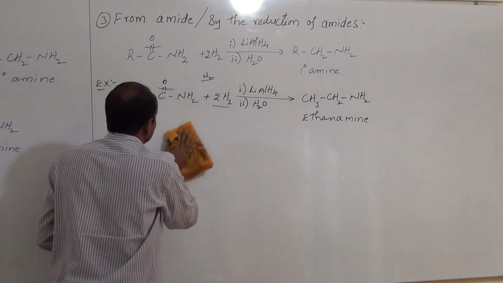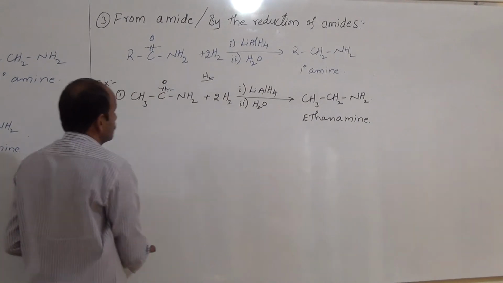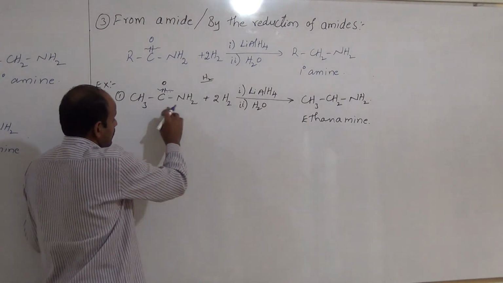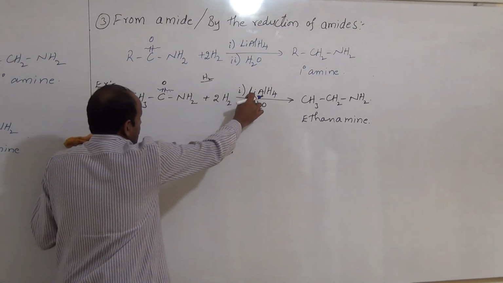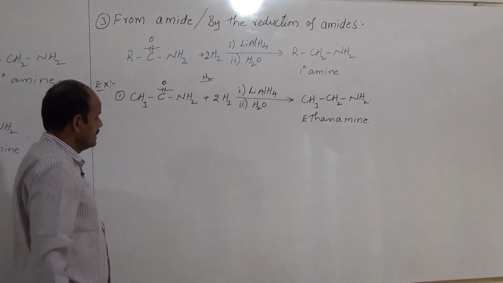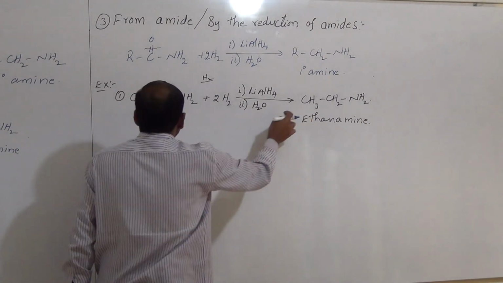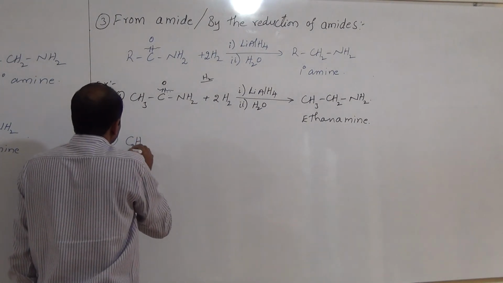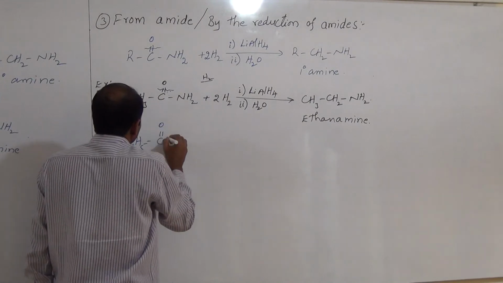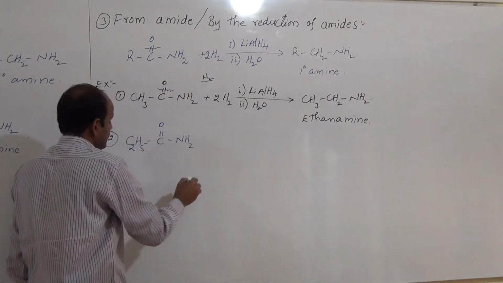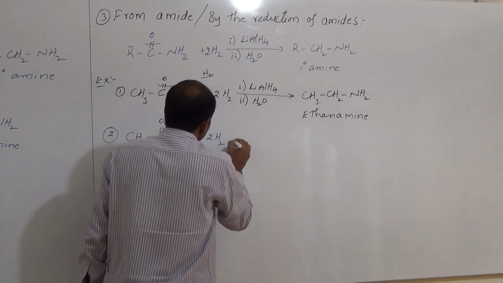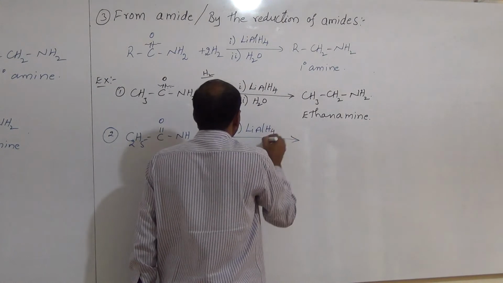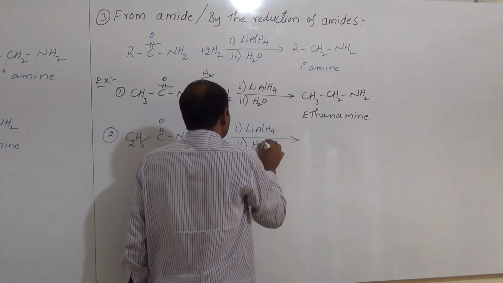You can write directly, no need to write all these steps. Thus acetamide undergoes reduction in the presence of lithium aluminum hydride followed by hydrolysis. We get ethanamine. Another example, C2H5 C double bond O NH2, propanamide, undergoes reduction in the presence of lithium aluminum hydride followed by hydrolysis.